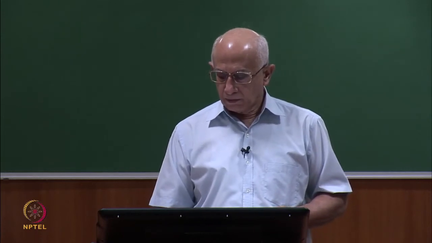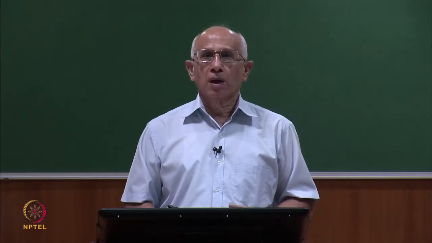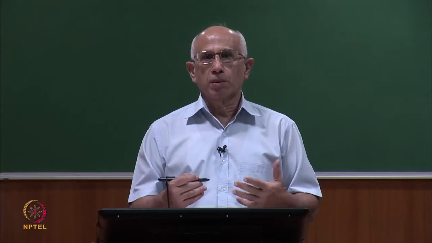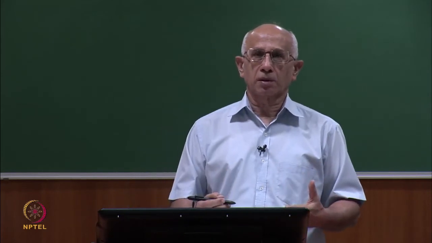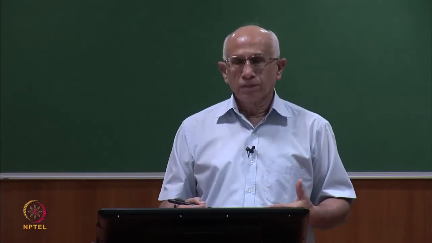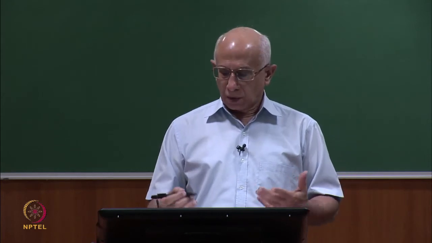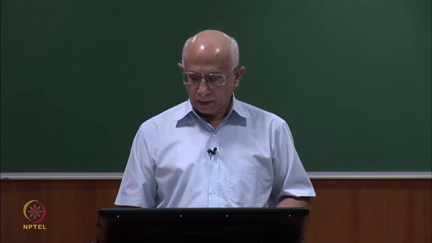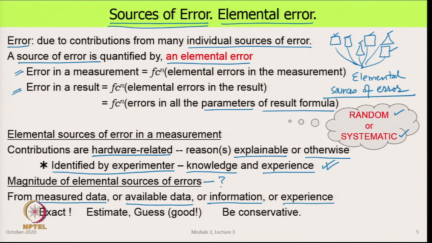And then information about the instrument, the electronics, the circuitry, all of that will come in, and you can get the error estimate from that, and of course, lastly from experience. If you have been doing an experiment for many years, maybe decades, you have a very good idea how good that setup is.